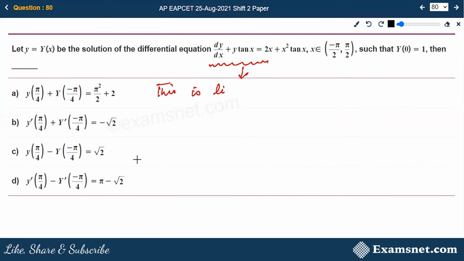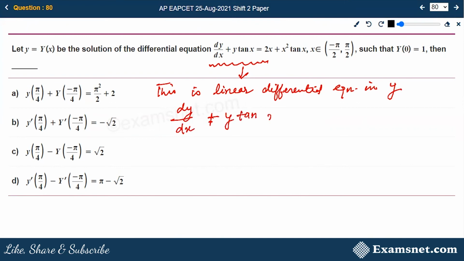So this is a linear differential equation in y. What is this? dy by dx plus y tan x is equal to 2x plus x square tan x. What is the general form of the linear differential equation?